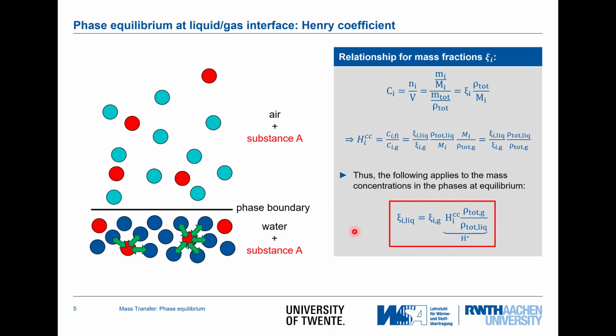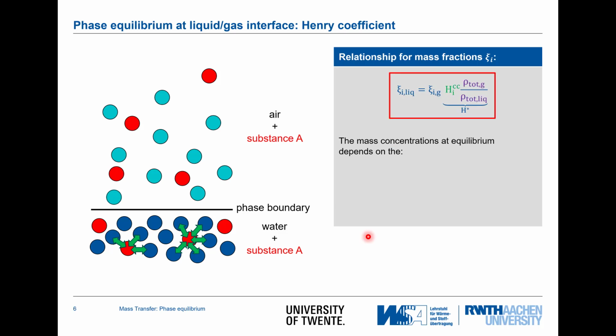And now you see the Henry coefficient being non-dimensional. If you just pick it up from a table and it's not explained there how it was formed, well, it's difficult to understand exactly which one to pick. So there should always be an explanation if it's the Cc or if it's built with a density ratio.